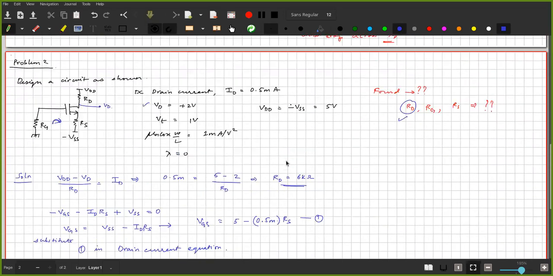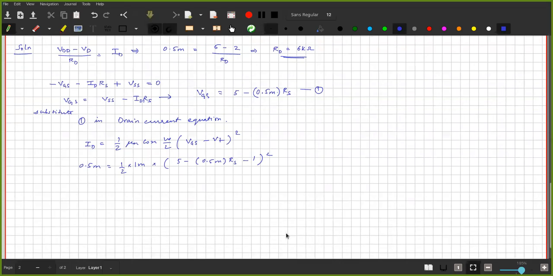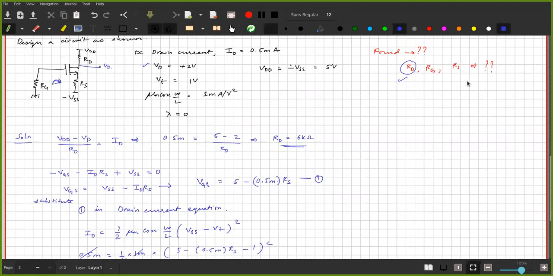VT value is 1 volt, minus 1 volt, square. From this, I don't think you'll get any quadratic equation or anything, obviously. You can directly find the value of RS. So this and this entirely will get cancelled. So RS here is 4 minus 1, which is 3, divided by 0.5 milli. Actually, it is the same as the RD value. So RS is also 6 kilo ohms. Okay, so this is also done.